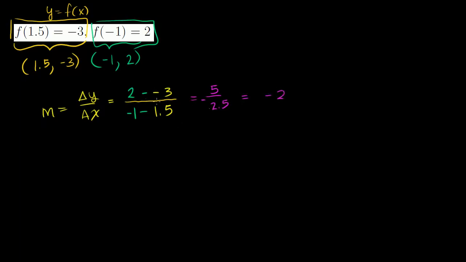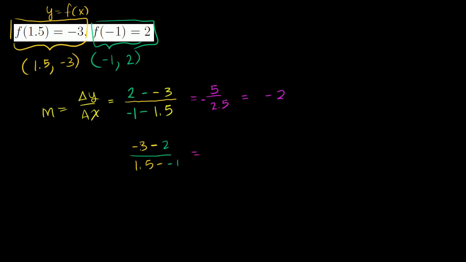Actually, I'll take a little aside to show you it doesn't matter what order I do this in, as long as if I use this coordinate first, then I have to use that coordinate first. Let's do it the other way. If I did it as negative 3 minus 2 over 1.5 minus negative 1, this should give me the same answer.